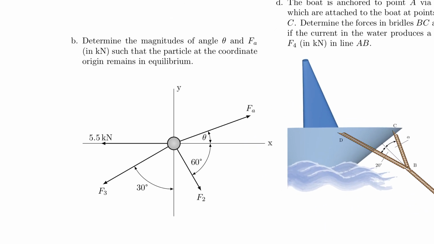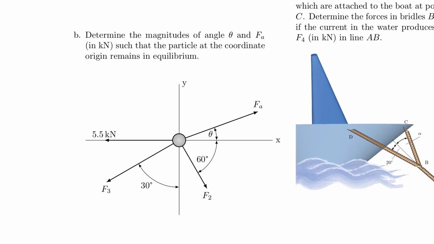Problem B here is also a particle problem where this particle at the origin has to remain in equilibrium, and you have to substitute your values here and find FA and angle theta such that the system remains in equilibrium.